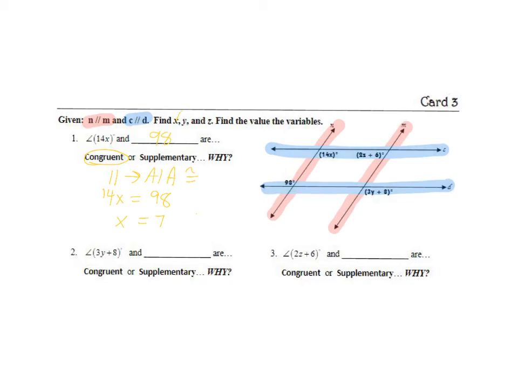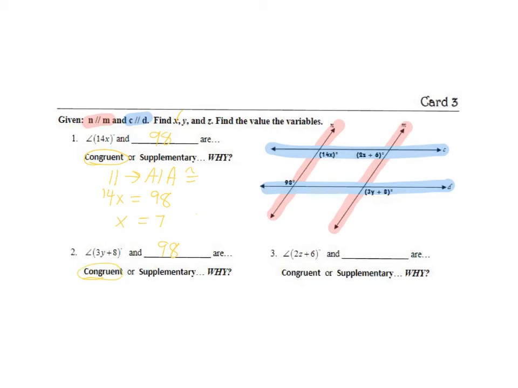Let's go to the next one here. We have 3y and we're looking for another connection. And if you look at the red lines being parallel and the transversal being D, we could see that 3y plus 8 and 98 would be alternate exterior angles and therefore be congruent.